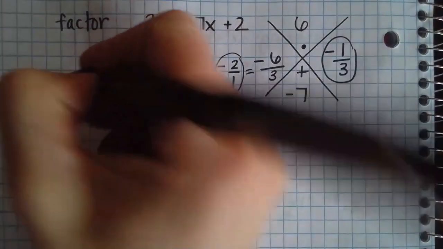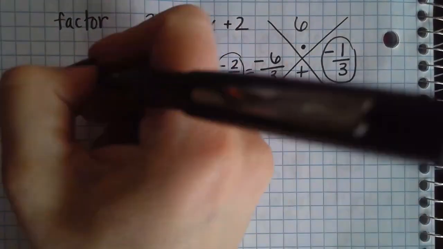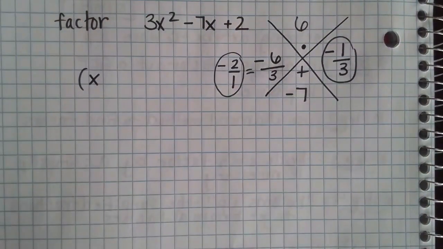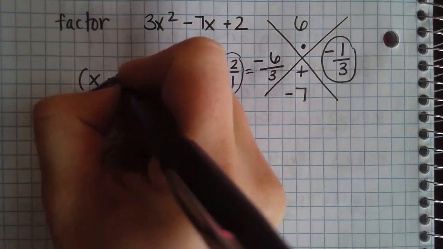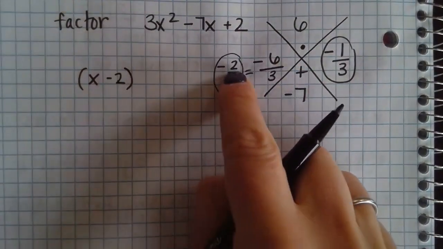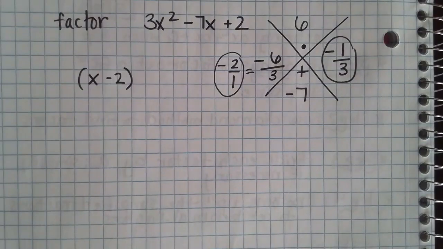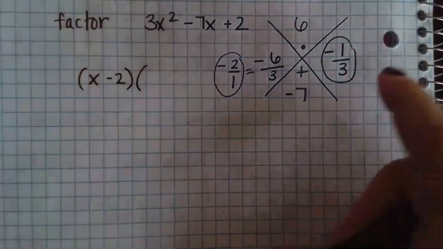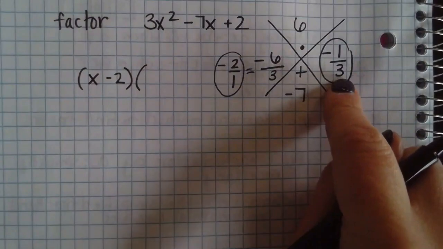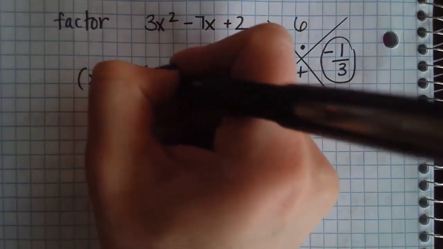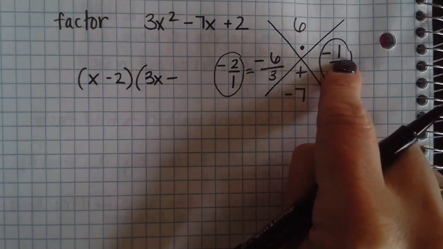First one will be 1x, or just x, minus 2, because we had a negative 2 in the numerator. So 1x minus 2 times the quantity 3x, good, minus 1.